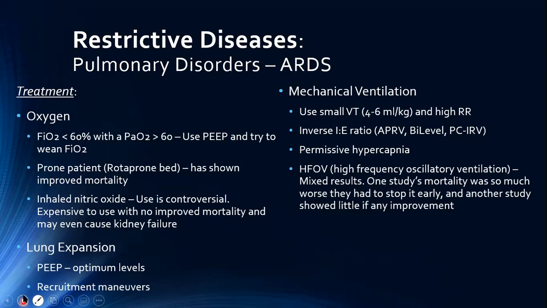You'll learn what optimal PEEP is later, okay? But lung expansion, mechanical ventilation, got to be on the ventilator. Now, what's special about the ventilator for ARDS, we will have them on small tidal volumes, but high respiratory rates, because we want to maintain a good minute ventilation, but we don't want to damage the lungs.